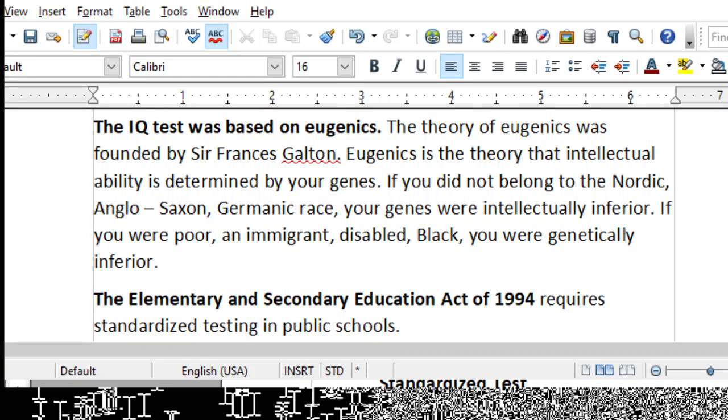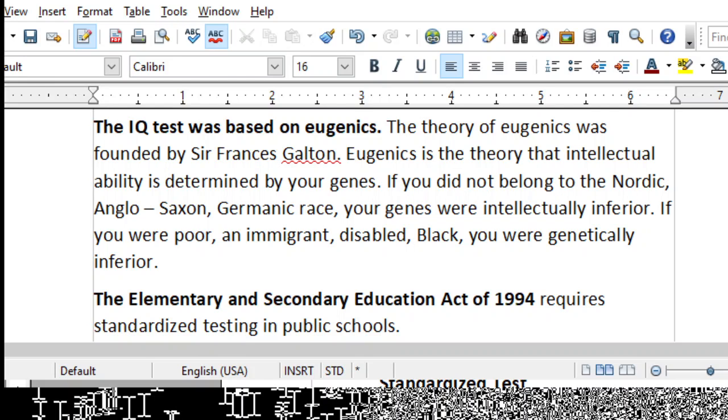So that's why, if you do your research, if you watch videos, if you read books, if you read journal articles, a lot of black scholars are against standardized tests such as the PSAT, because they know the history behind standardized testing. That history came from the IQ test, which was originally based on eugenics.